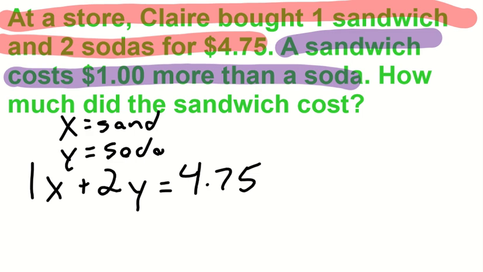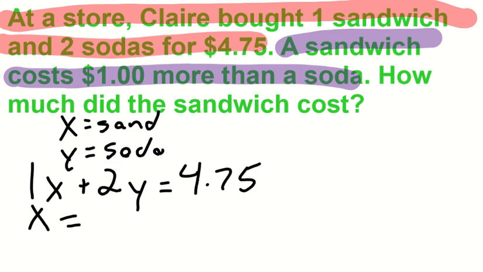A sandwich costs. X equals. What's our sandwich? What variable? X. We said right here that sandwich is X, right? So when it says a sandwich costs, that's like saying a sandwich is. So we got to have X equals.